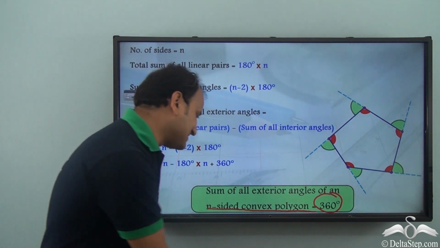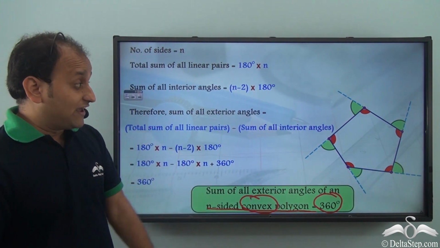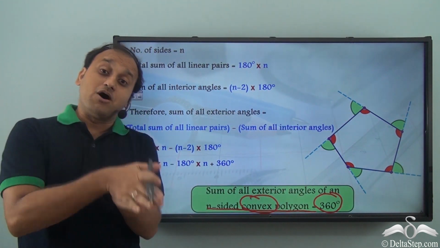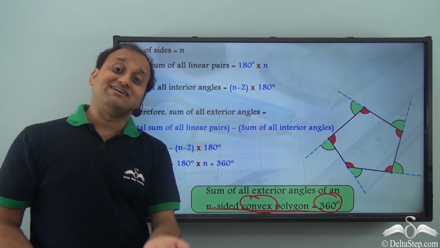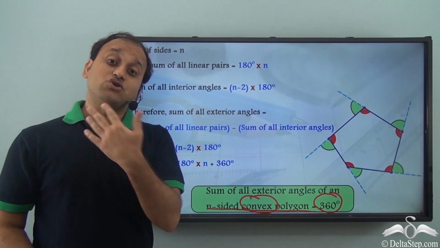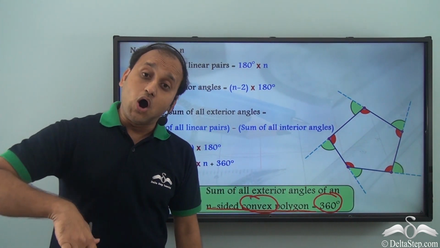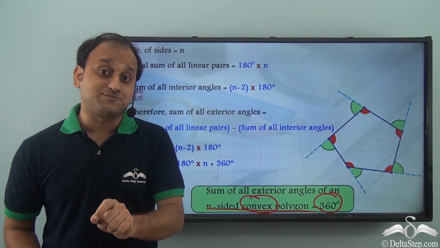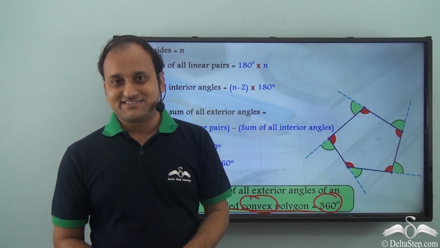Now the point to notice is that we are talking about a convex polygon. So whenever we are dealing with a convex polygon, we can say that the sum of all the exterior angles will always be 360 degrees, and it does not matter whether the polygon is a regular polygon or an irregular polygon. The sum of external angles of a convex polygon will always be 360 degrees.